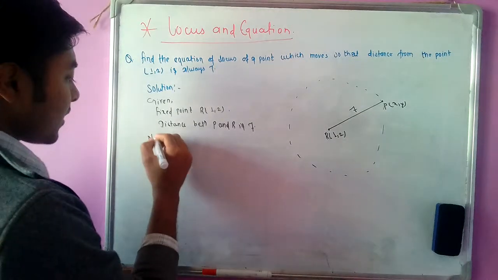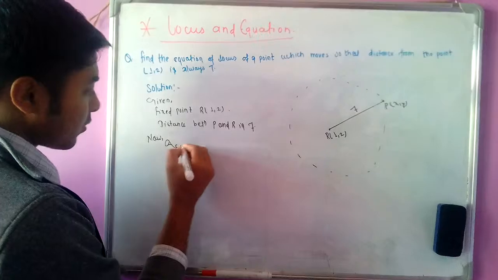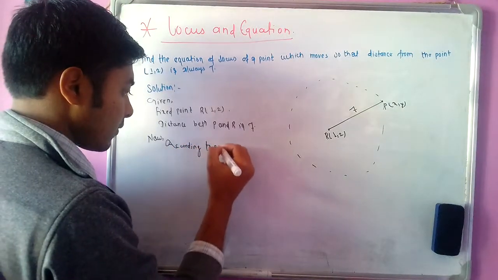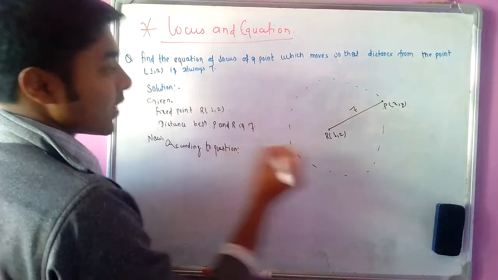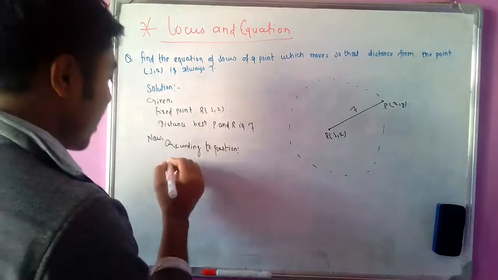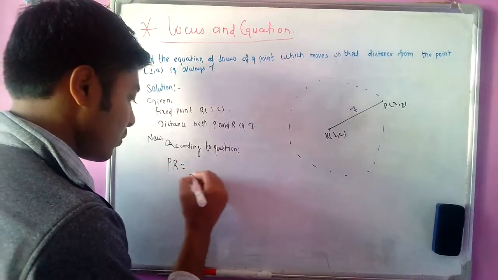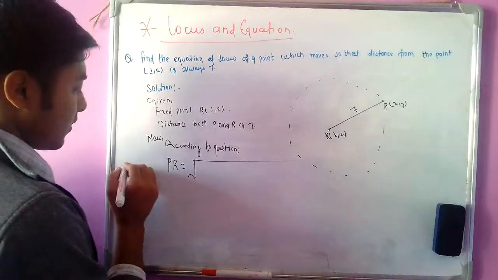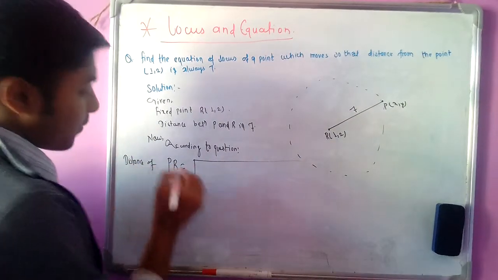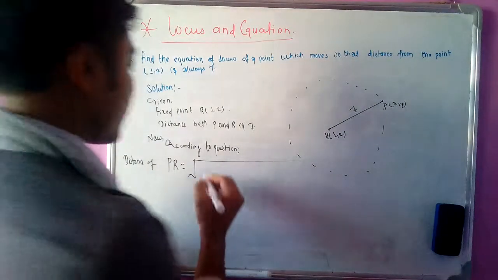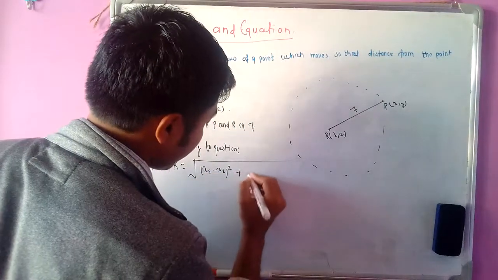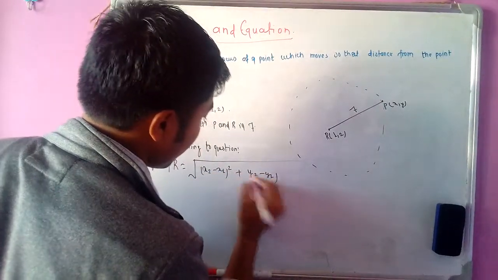According to the question, the distance between them is 7, so we use the distance formula. PR equals the root of (x2 minus x1) whole square plus (y2 minus y1) whole square.